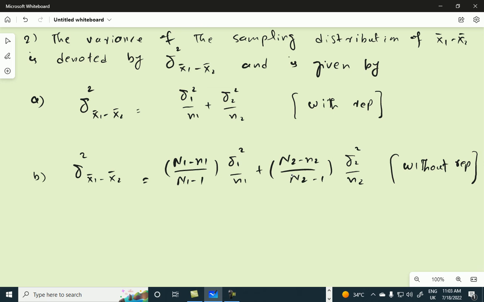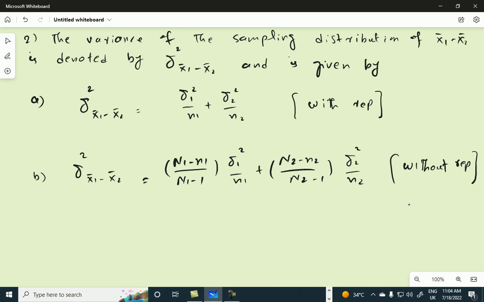This is in case of sampling without replacement, and this factor can also be ignored if the sample size as a percentage of population 1 is less than 5. Similarly, it can also be ignored if the sample size as a percentage of population 2 is less than 5. So how can we calculate the sample as a percentage of population? The formula is very simple.